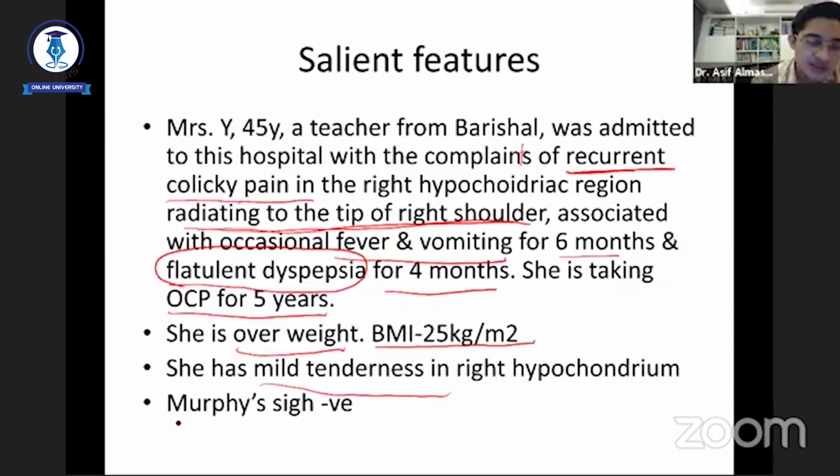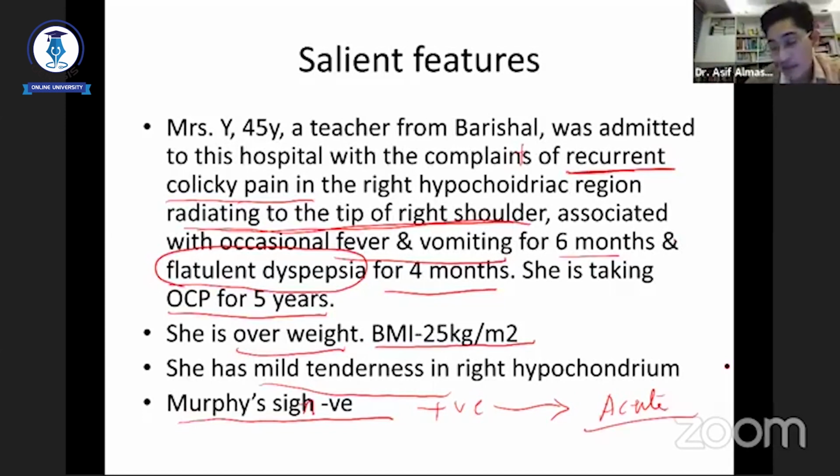Murphy's sign is negative. Always make sure that you elicit this sign correctly, because Murphy's sign, if it is positive, then you have no other way but to go for acute cholecystitis. And you understand that in an examination hall, they will not give you an acute case, right? So even if you elicit this sign, try to use it intelligently.